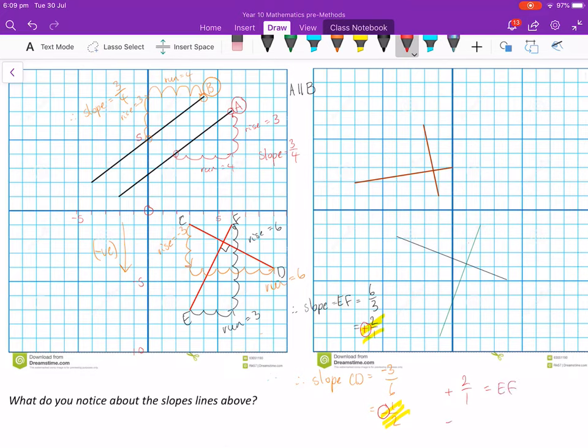What we have is a -1/2, which is equal to line segment CD, which means we can write that EF is perpendicular to CD because their slopes are reciprocals.